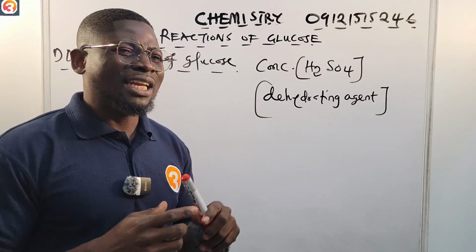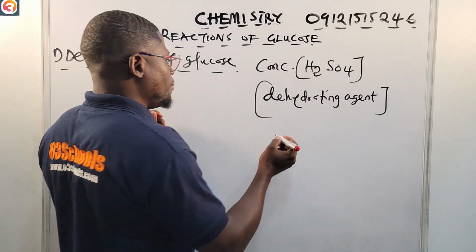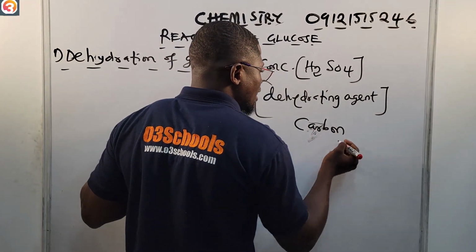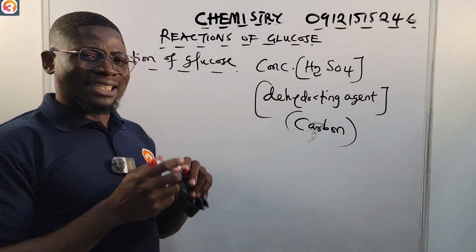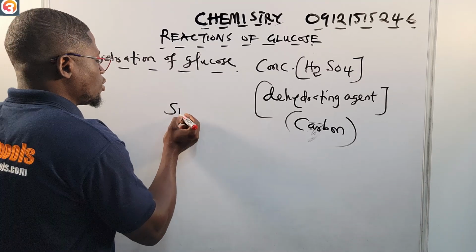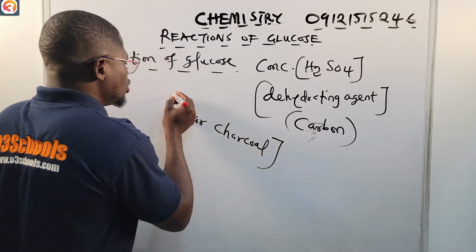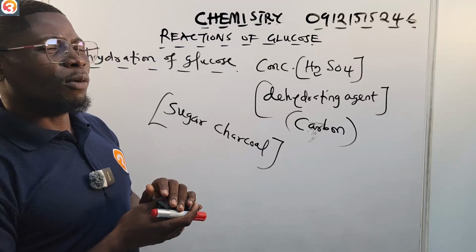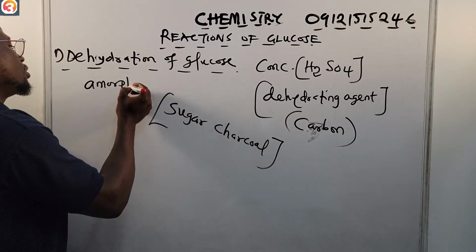Then it will leave a black deposit of carbon. This black deposit of carbon left behind after the dehydration, we call sugar charcoal. This sugar charcoal is one of the purest forms of amorphous carbon.